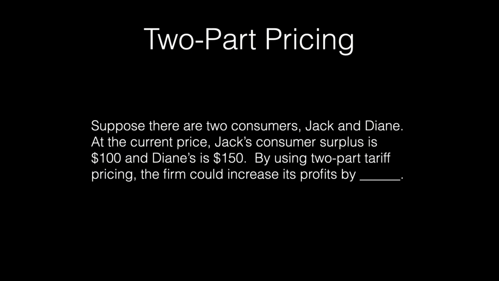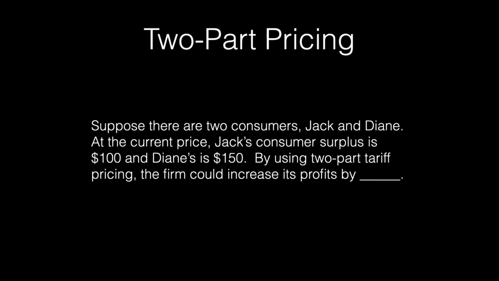Suppose there are two consumers, Jack and Diane. At the current price, Jack's consumer surplus is $100 and Diane's is $150. What is the most the firm could increase its profits by using two-part tariff pricing? This problem is a little more realistic than the previous one because now the consumers have different consumer surplus.